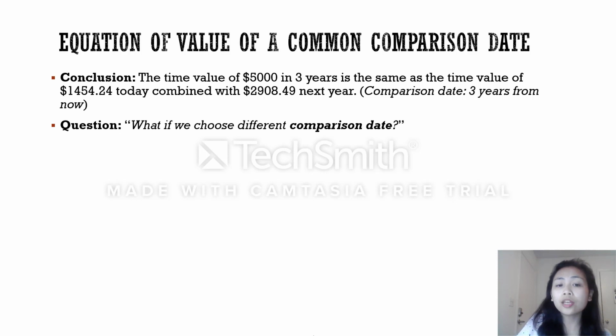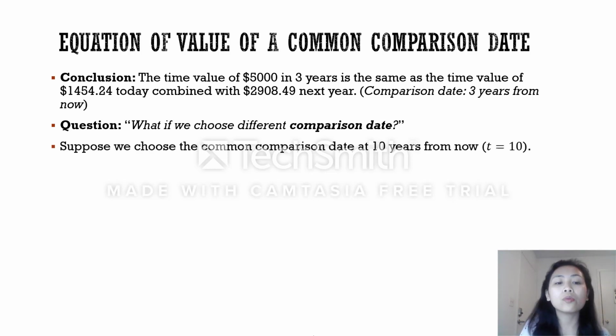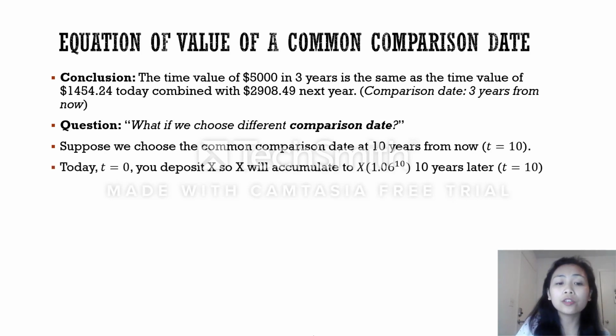One question: what if we choose a different comparison date? Let's say we choose a comparison date 10 years from now, t equals 10. We look at the first deposit.